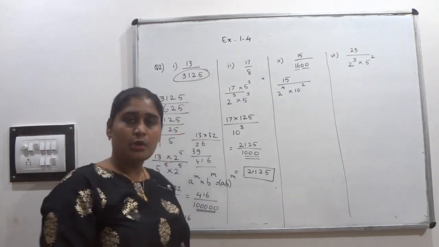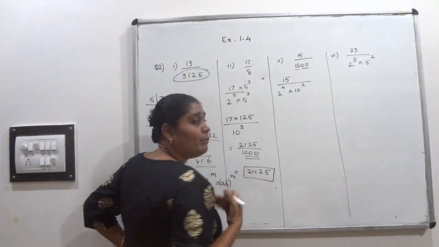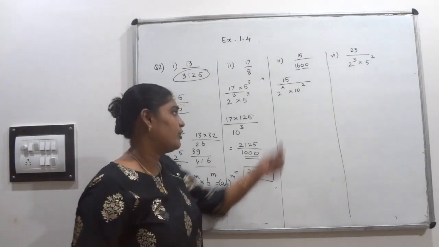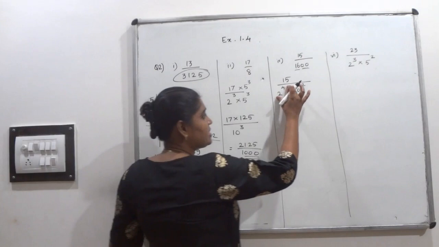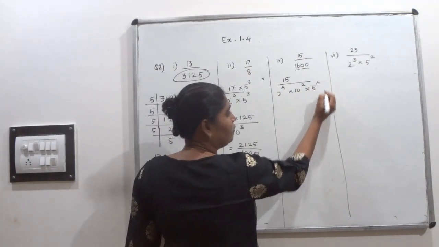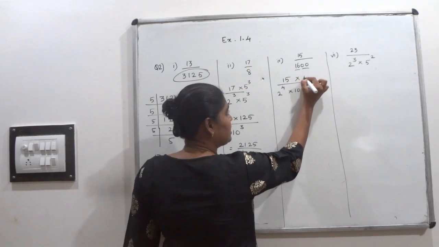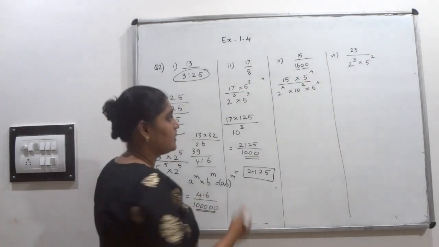Next, I want to make the denominator 10. Here 10 is already there, but there is also 2 power 4, and I want to change this too. So I have to multiply 5 power 4 in the numerator and denominator so that the value will not be changed.